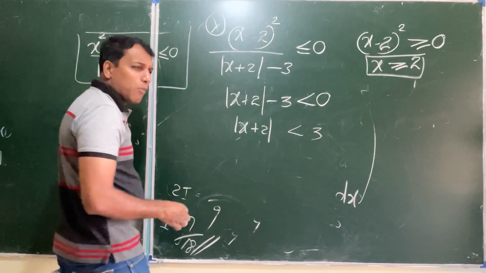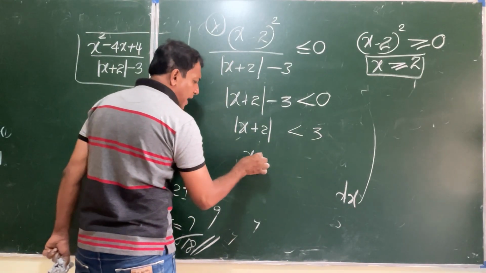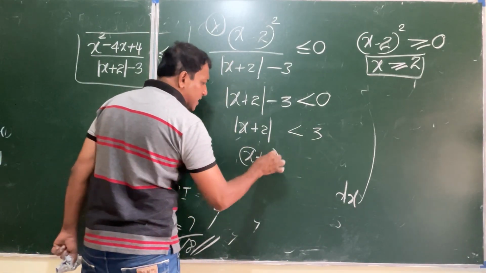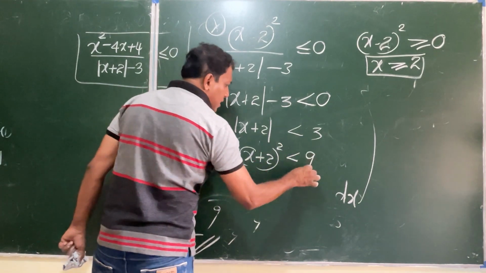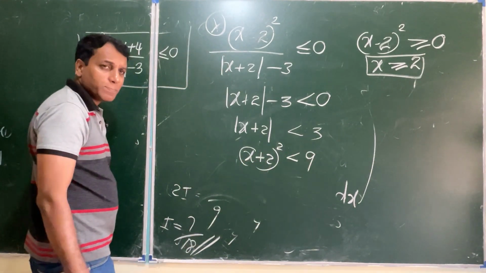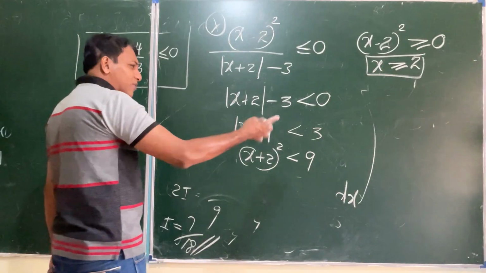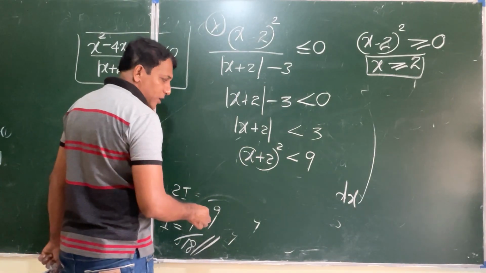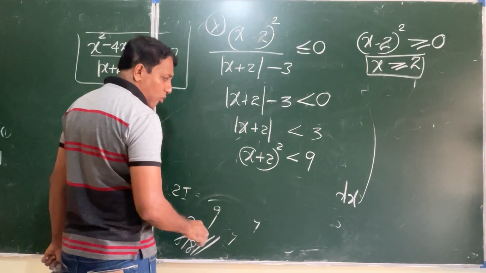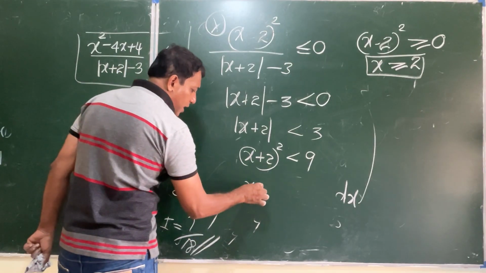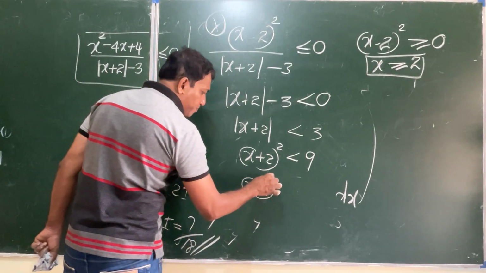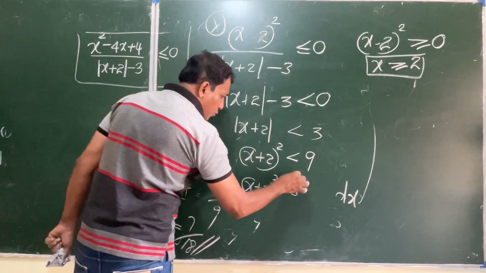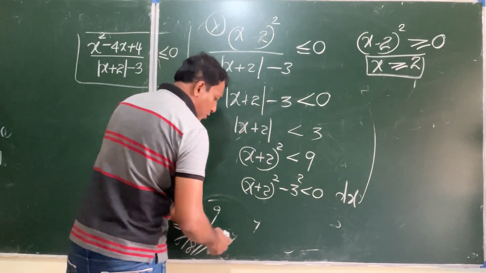If I square both sides to remove the modulus, it becomes (x plus 2) squared minus 3 squared less than 0.